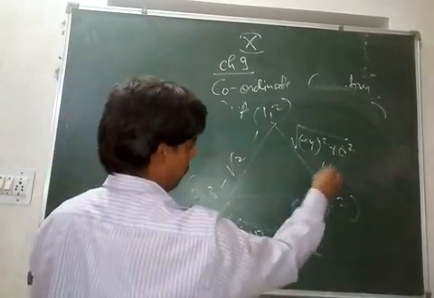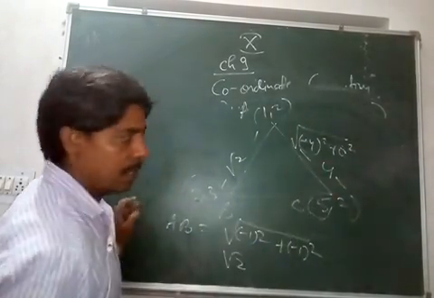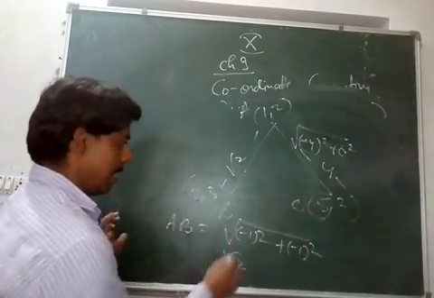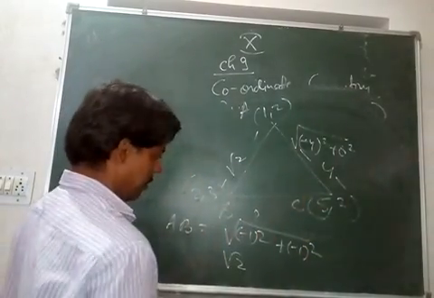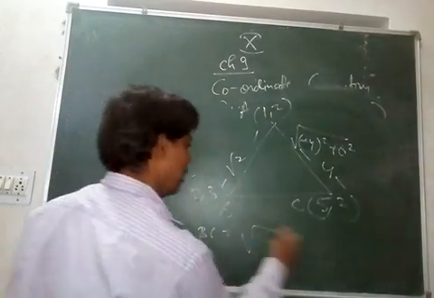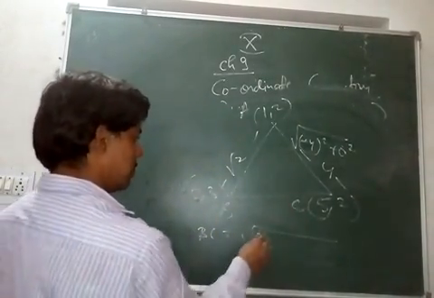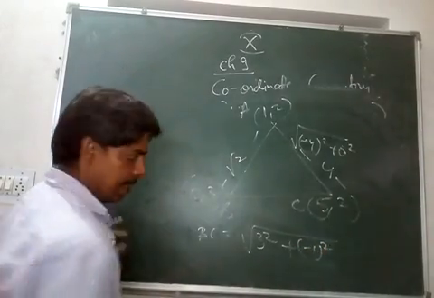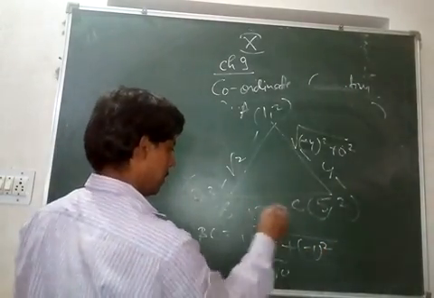That is equal to 4 units, because 4 squared is 16 and the positive square root is 4. And BC: square root of (5 minus 2), 3 squared, plus (2 minus 3), minus 1 squared. 3 squared is 9, 9 plus 1 is 10, root of 10.